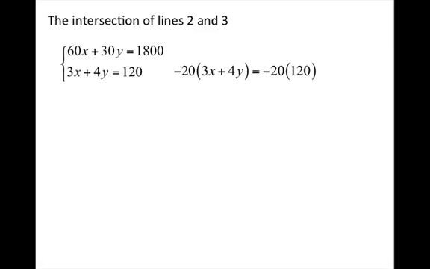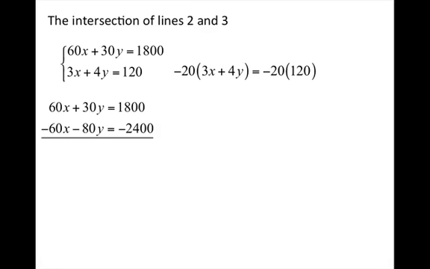If I multiply the second equation by a negative 20, I'll get a negative 60 as the coefficient for my x, and I can eliminate my x's. So bring down your first equation, 60x plus 30y equals 1800. If you multiply everything in the second equation by negative 20, you get negative 60x minus 80y equals negative 2400.